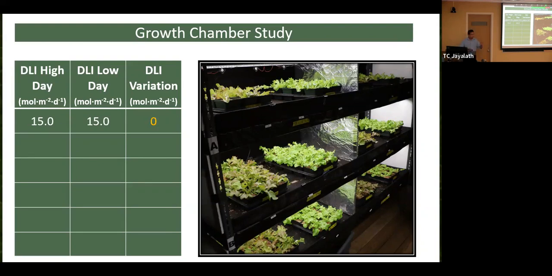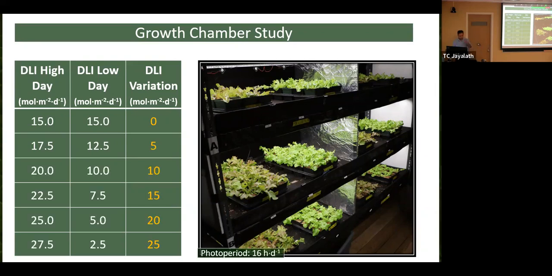Therefore, the variation between the 2 days was 0. In the second treatment, we increased the DLI by 2.5 on the high day compared to the control. Therefore, to keep the same average of 15, we reduced the DLI by 2.5 on the low day. Now the variation is 5 between the high day and the low day. Likewise, we had DLI variations up to 25.